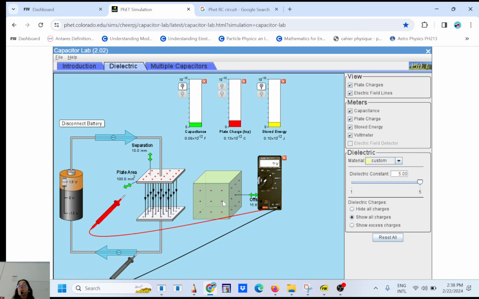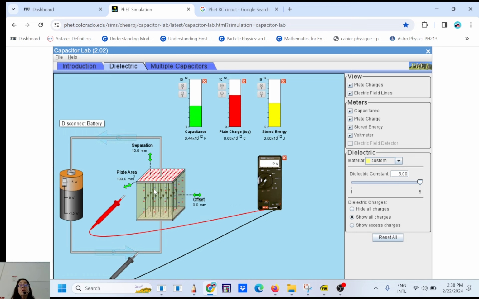And if I ask you a conceptual question, can an electric field go through a non-conducting body? The answer is yes. Okay? Can it go through a conducting body? The answer is no. So do you remember the fish?